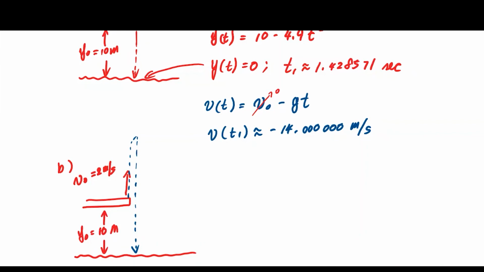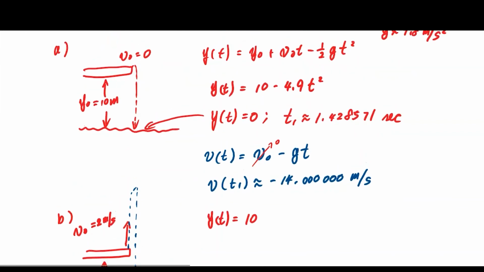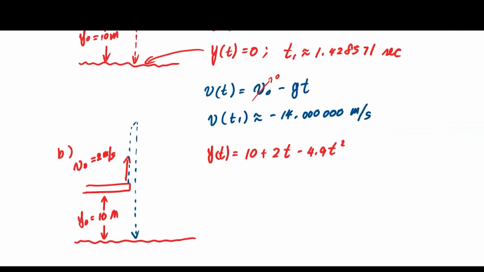Now, our equation changes. This thing was 10. Remember up here, this was 0 in part A, but now we have 2. So y equals 10 plus 2t minus 4.9t squared. So far so good? And at this point right here, the height has to become 0, because y is equal to 0 at the water level, is what we are assuming, right?